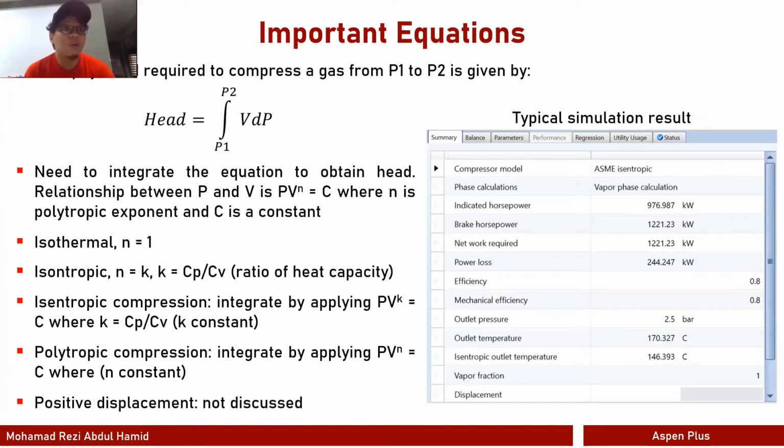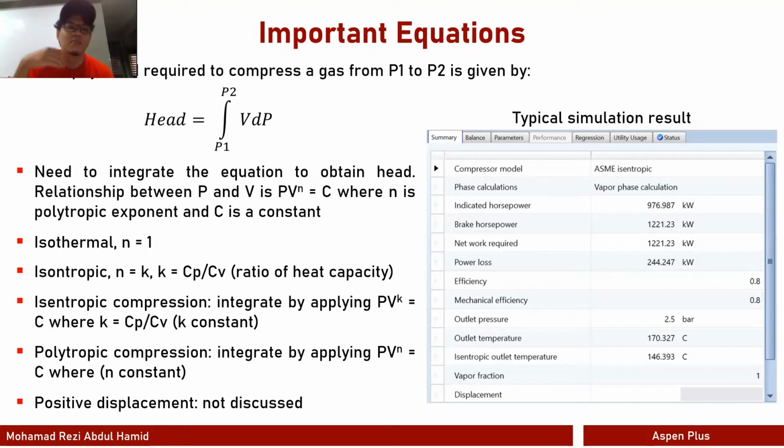Well, if you ask me, compressor in Aspen Plus is among the simplest unit operations that you can find in the software. So what you need to do is just select the unit operation, put it in the flow sheet, connect your input and then connect your output or outlet stream, and then in the block itself, you need to specify either pressure outlet, or compression ratio or pressure ratio, or pressure increase, depending on the information that you have.